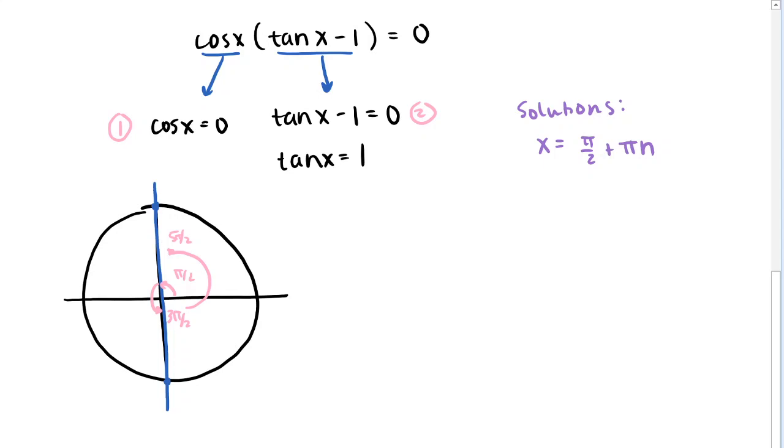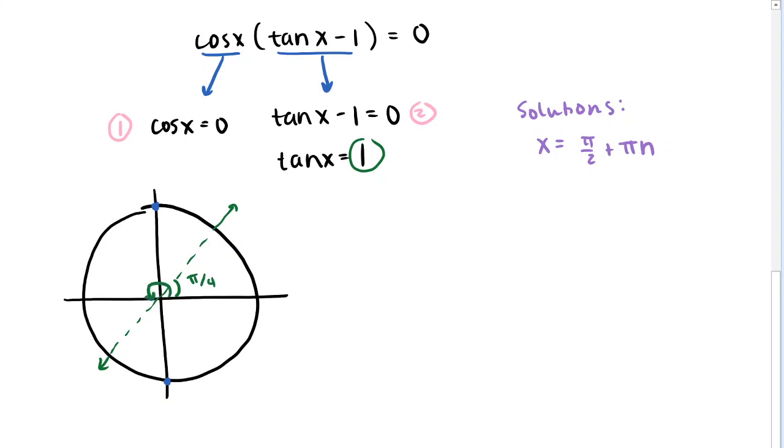And so solving this equation, maybe I'll clear up my unit circle a little bit. We're asking, when is the slope of our angle equal to 1? Well, that occurs at pi over 4.